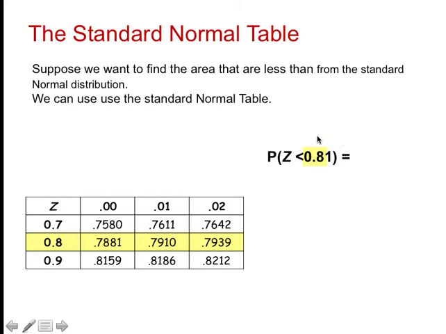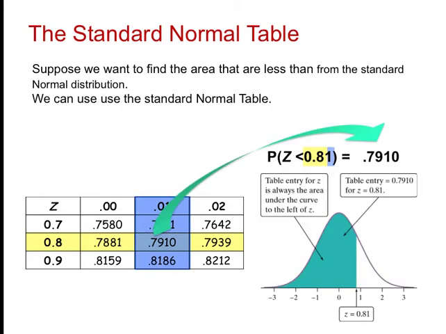We find the row label 0.8 and then move along that row to the column label 0.01. The number in that cell is the area below the z value. This is 0.7910, which means 79% of z-scores are less than or equal to 0.81.